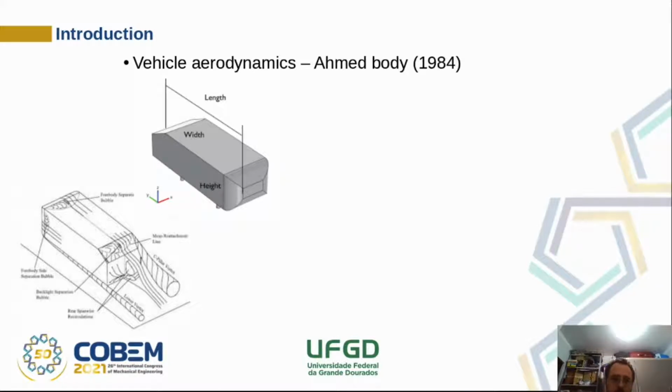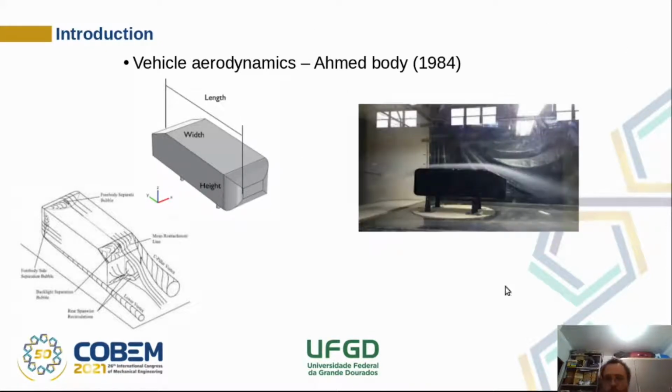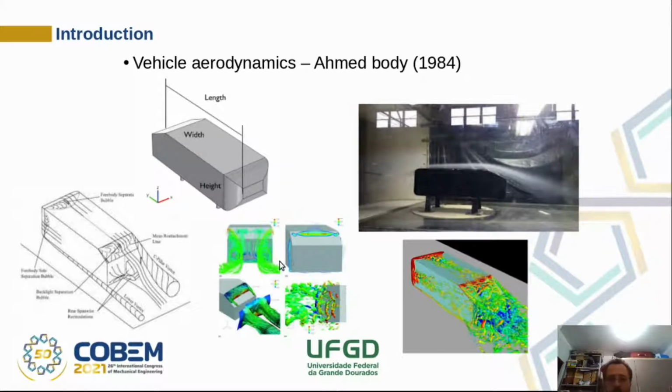This configuration creates some structures after the rear part of the vehicle, and this has impacts on the aerodynamic forces. As an example, here we have the flow visualization in a wind tunnel, where we see the flow behavior past the Ahmed body, and some examples which show the development and the structures behind this body.